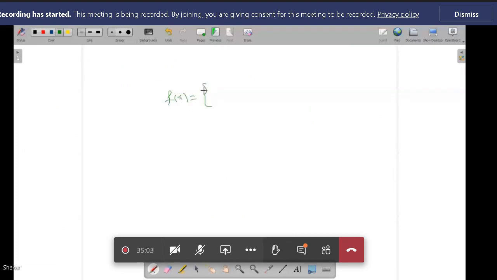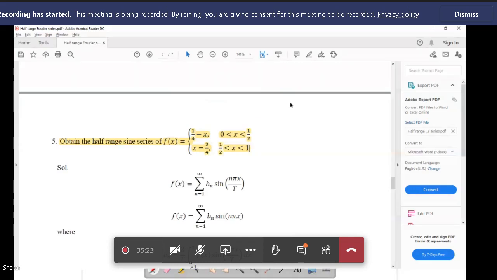it is 1 by 4 minus x in the interval 0 less than x less than 1 by 2, and then x minus 3 by 4 in the interval 1 by 2 less than x less than 1. Just cross check the function x minus 3 by 4. Okay.